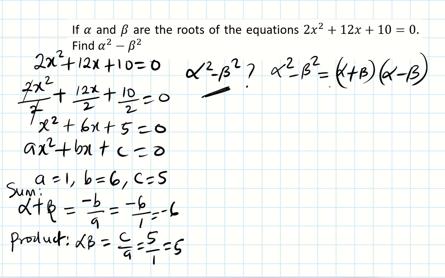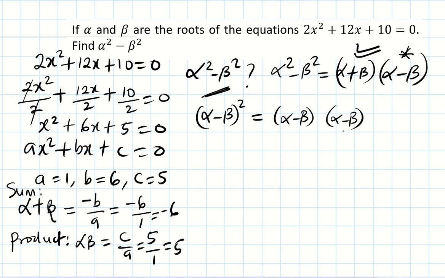Now, in the look of this, we already have alpha plus beta, but we don't have alpha minus beta. So let's get this expression and expand. Alpha minus beta squared will equal alpha minus beta, alpha minus beta. So on expansion, we have alpha minus beta, then minus beta, open bracket alpha minus beta.